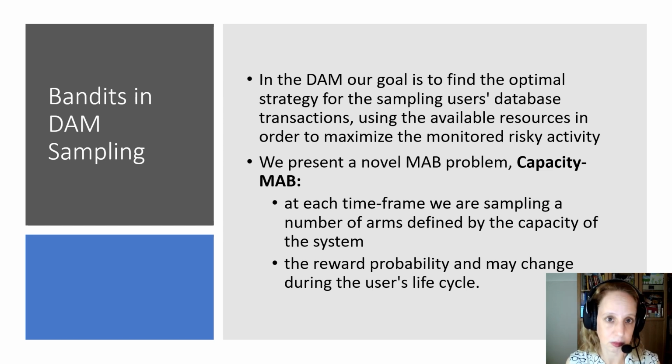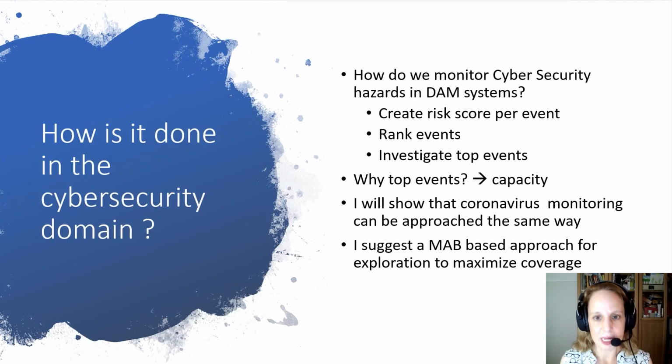So how is it relevant to our problem, and how is it implemented? As I said before, in database activity monitoring, our goal was to find the optimal strategy for sampling users in the database activity, using the available resources, in order to maximize the monitored risky activity.